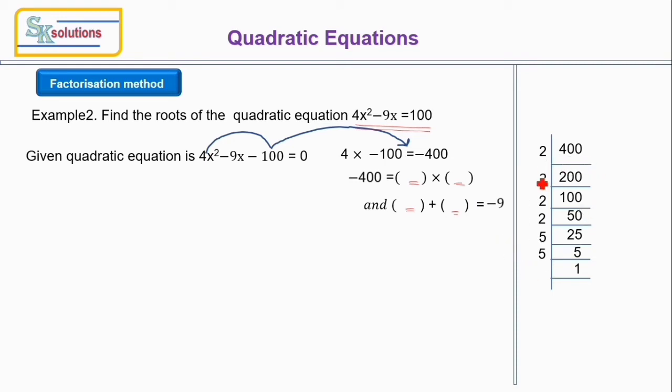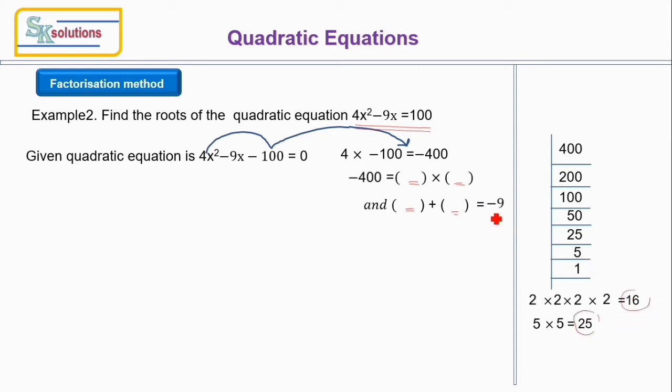When you multiply all these factors, of course the product is going to be 400. But we need to group these factors in such a way that their sum should be minus 9. If you multiply all these 2's, that gives us 16, and these two 5's will give us 25. And 25 into 16 is 400. Now the product is minus 400, so one of these numbers should be negative.